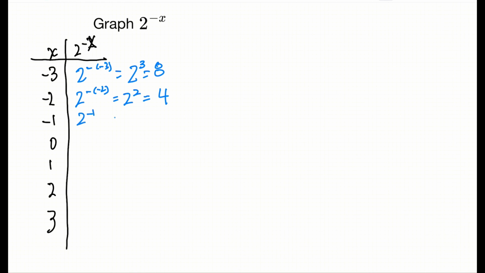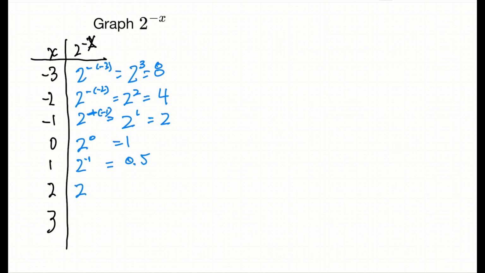2 to the minus minus 1, minus a minus 1, that's just 2 to the 1, which is 2, and 2 to the 0 is just equal to 1. Anything to the 0th power is 1. And then 2 to the minus 1, because we've got minus x now, that's going to be equal to 0.5.